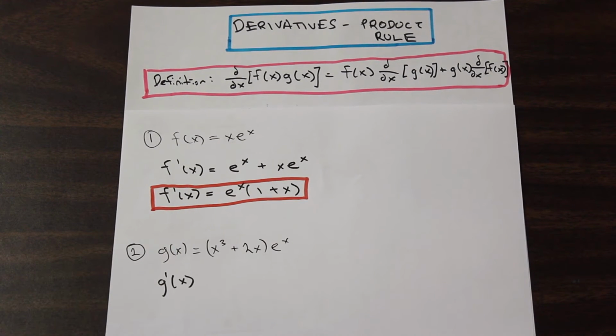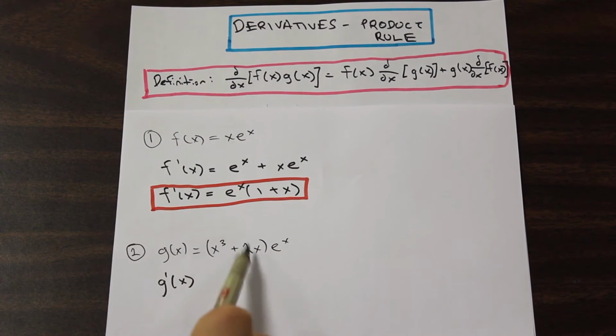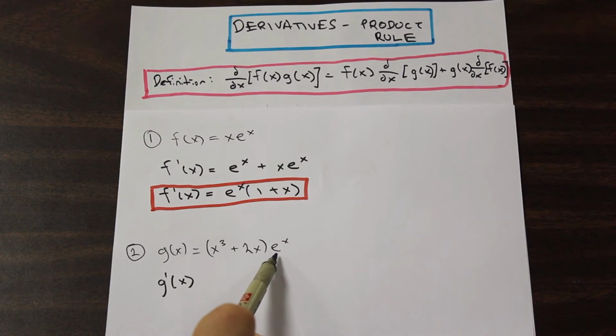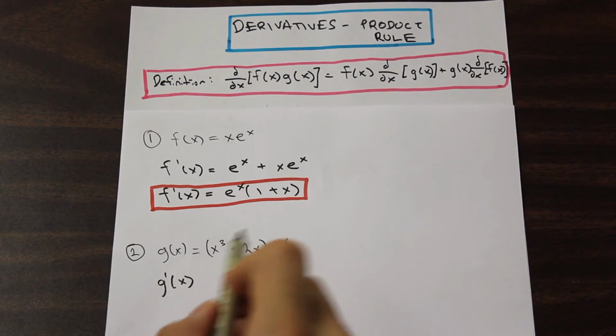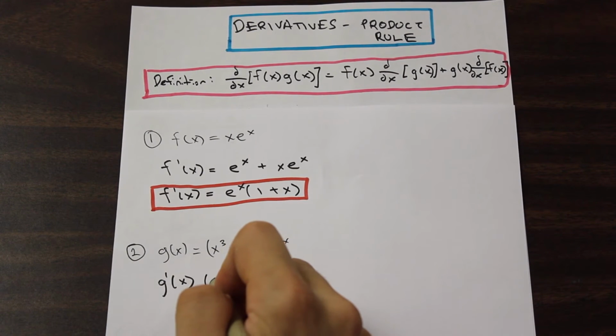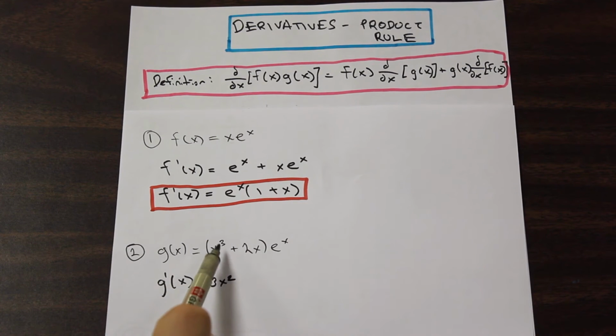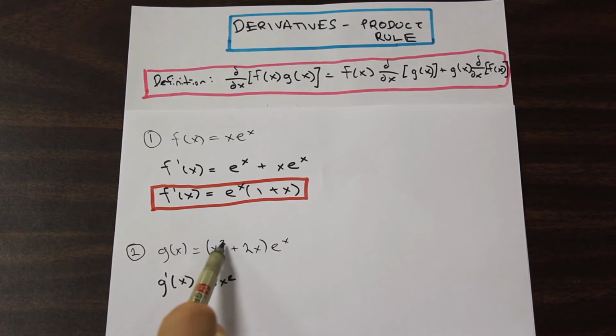So we have g prime of x, all right? What we're going to do is take the derivative of the first term. The entire first term is what's in the brackets, and then multiply it by e to the x. So what's the derivative of x cubed? Well, that's 3x squared, right? Using the power rule from before, we take the 3 down, and then we subtract 1 from the power.